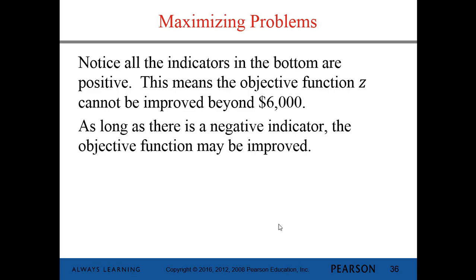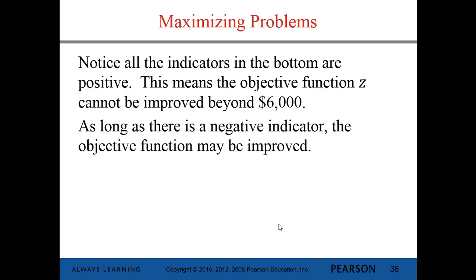And then if there's another negative number in the new tableau, or more than one negative number, we take the next larger negative number, and then we choose the pivot in that column, and we do the process again. And we do this until we don't have any more negative numbers, no negative indicators in the objective function, and then we're done.